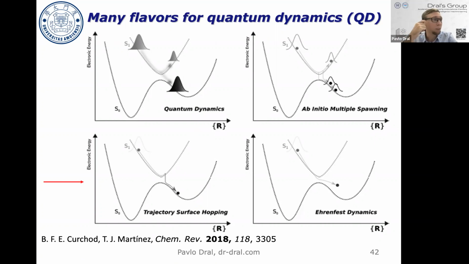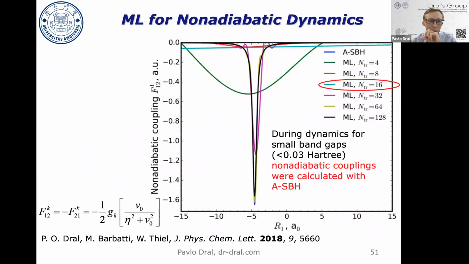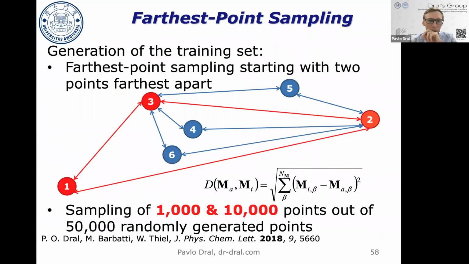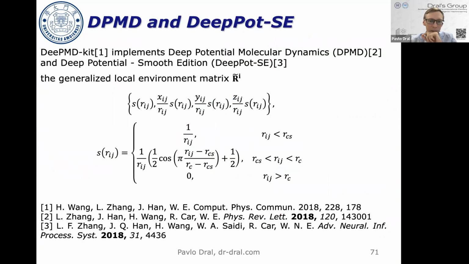Hopefully we can have some interesting discussions, but what I want to show is that we can use machine learning not just as a surrogate for quantum mechanics. We can also use it in some more creative ways. So, okay, I will skip all non-adiabatic dynamics, but I will focus on something which is more interesting.